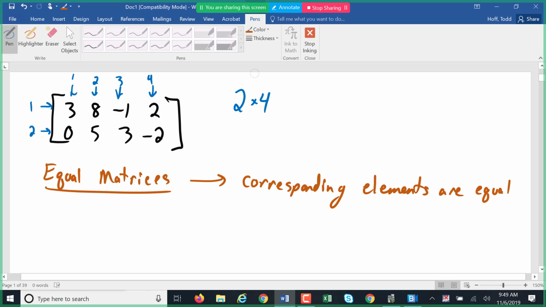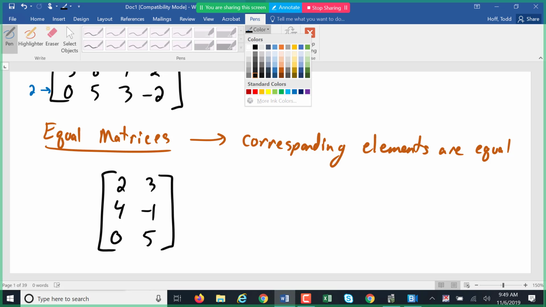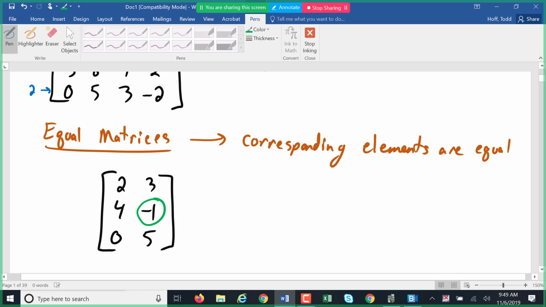So let's take a look. Let's create a matrix here. So this is a 3 by 2 matrix. This element right here is considered element 2, row 2, column 2. It's element 2, comma 2 if you want to find its location.